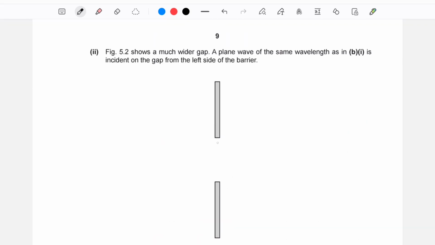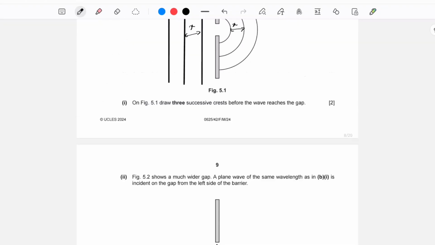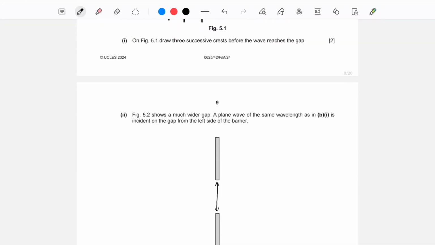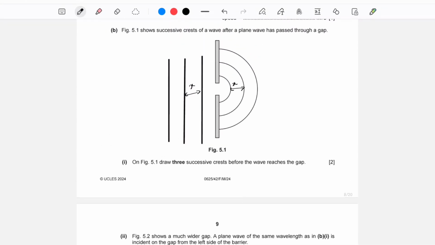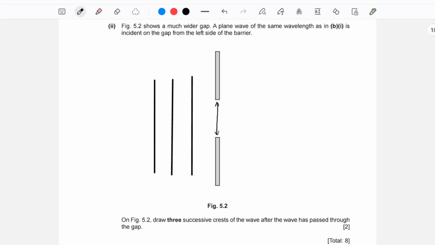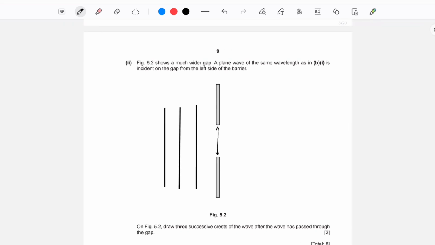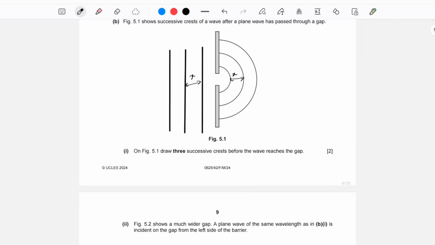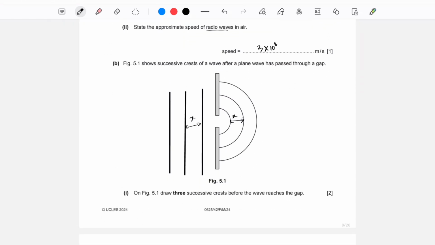So here the gap is much bigger than the previous part, but the wavelength is the same as the previous part. So here, as the gap is bigger relative to the wavelength, there won't be as much of a bend.